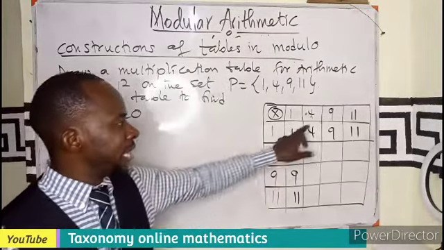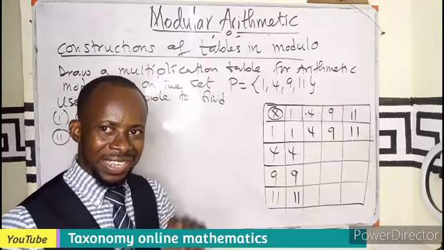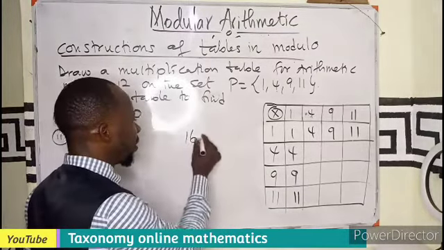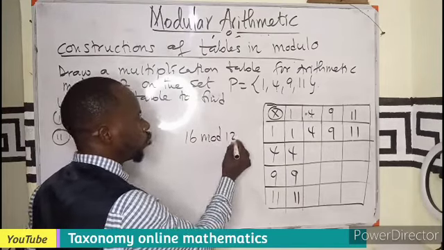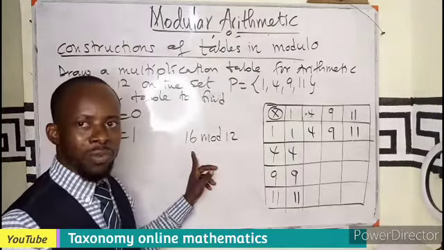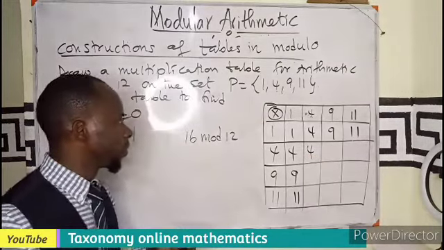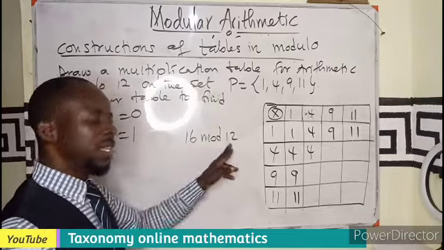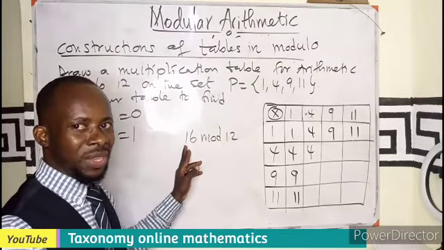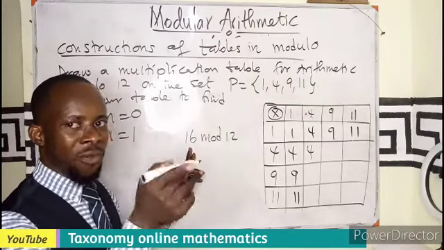So 4 times 4 is 16. 16 mod 12 will be 1 remainder what? 4. So I write 4. If you take away 12 from 16, it will be 4, or if you divide it by 12, 1 remainder 4.